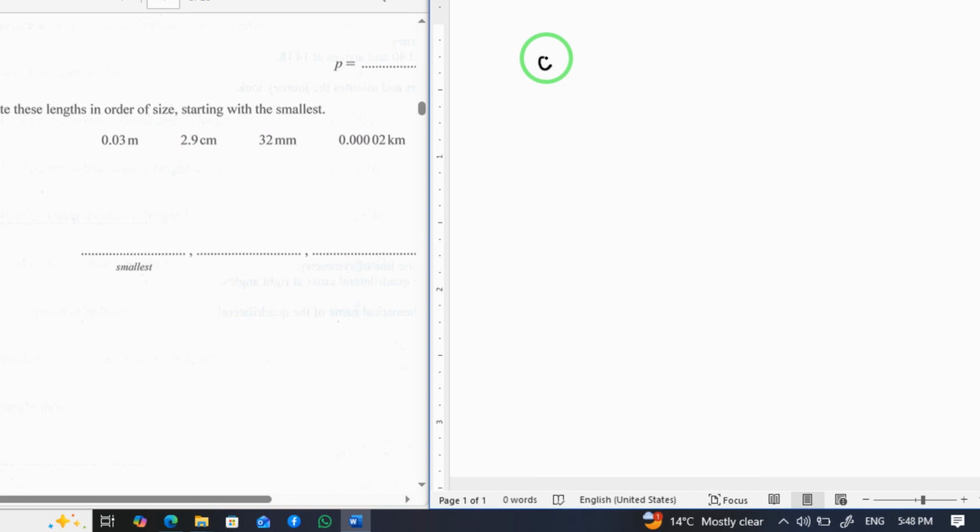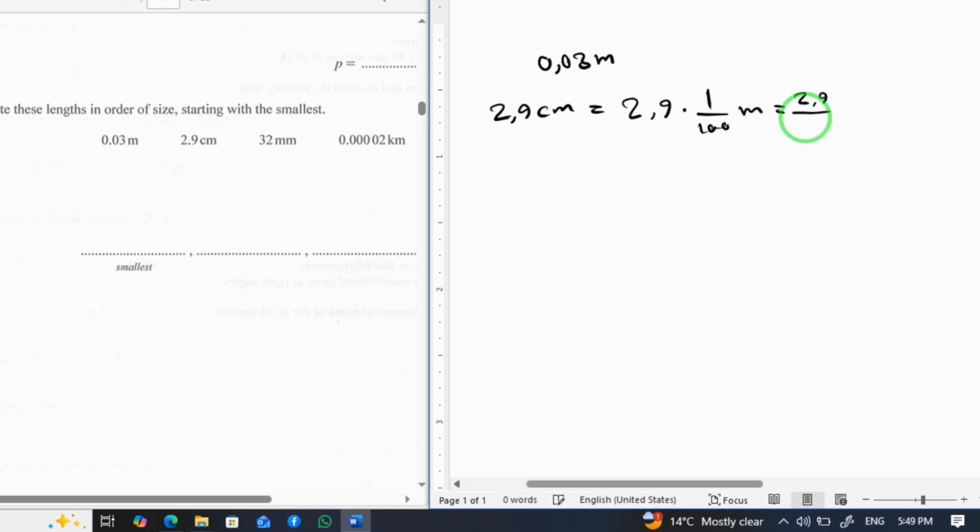Part A, we have 0.03 meter. It's the same. But here, part 2, 2.9 centimeters, we convert to meters. We write here 2.9 multiplied by 1 over 100 meter, because 1 centimeter is equal to 1 over 100 meter. So this is equal to 2.9 over 100 meter.